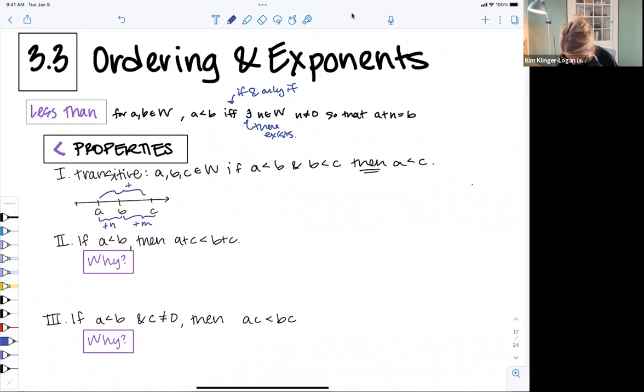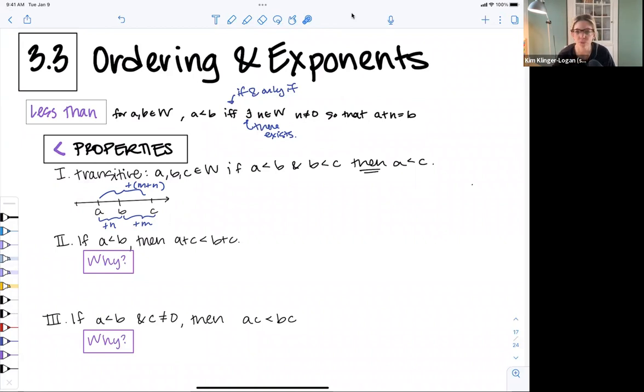So I'm going to add M plus N to A in order to get to C. So that's kind of an intuitive justification as to why this transitivity property holds for less than.